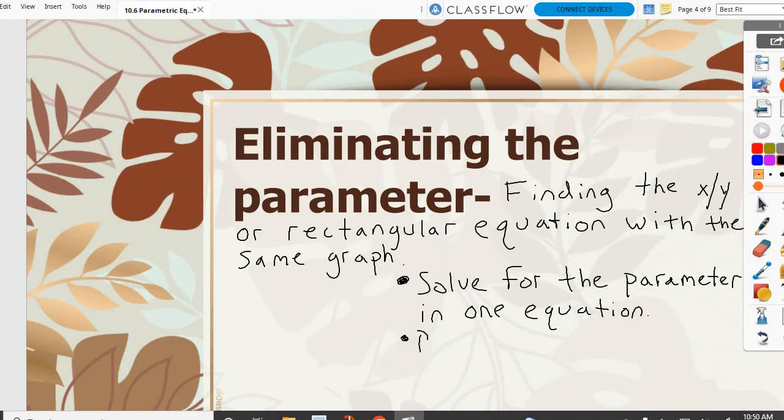Then you're going to plug the results into the other equation, so it's like substitution. And then lastly, we simplify.